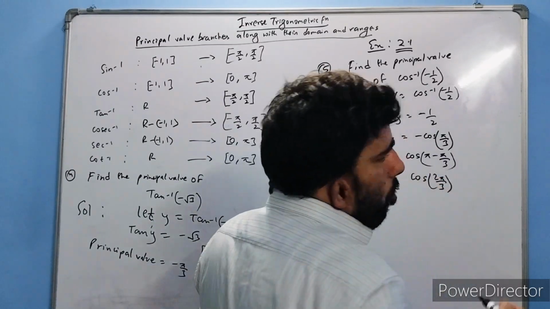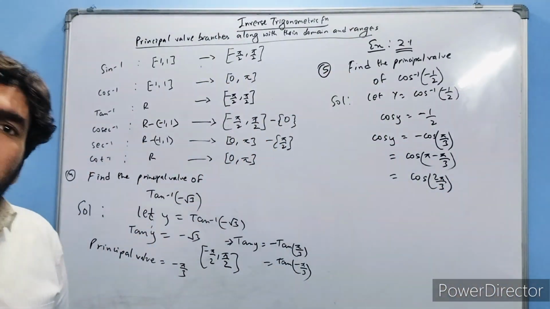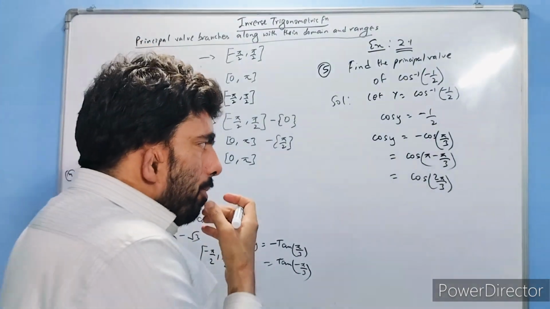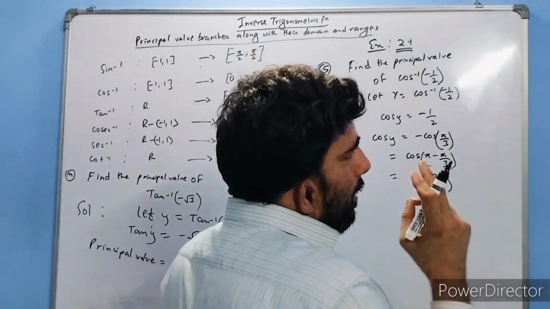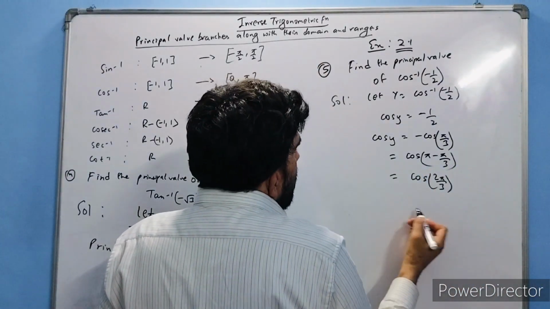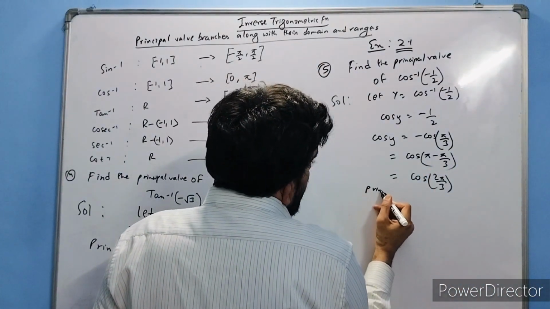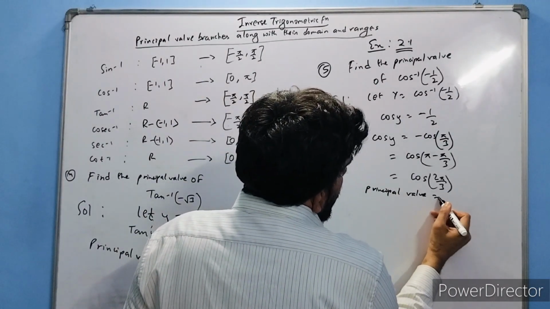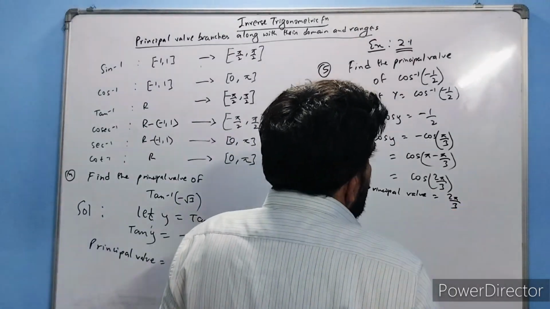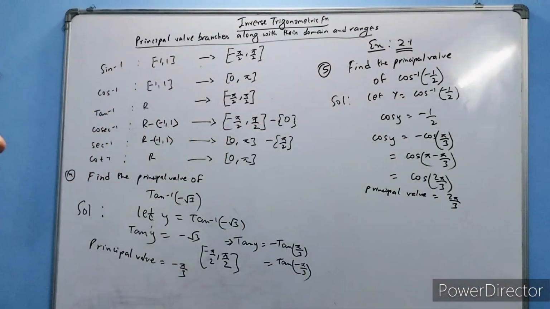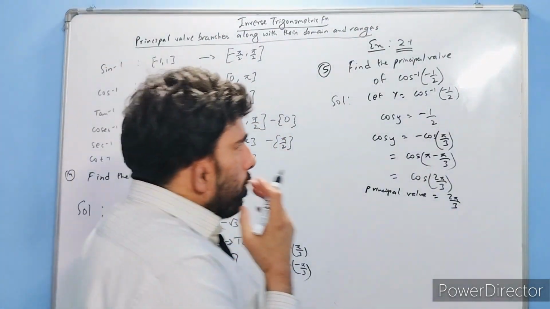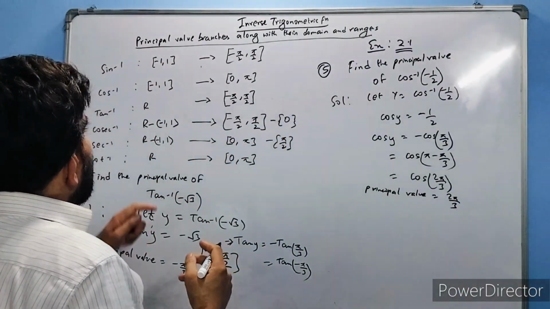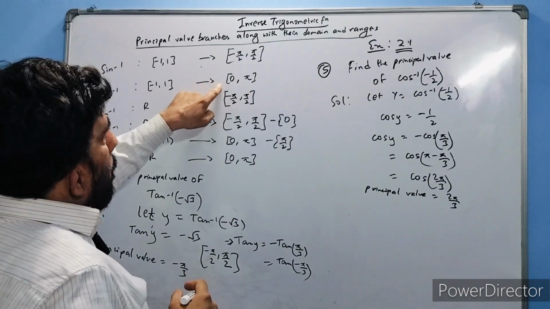We all know that cos will be negative in the second quadrant, as we have studied in 11th class. So now we can say that its principal value will be 2 pi upon 3, as we know that its range is between 0 to pi.